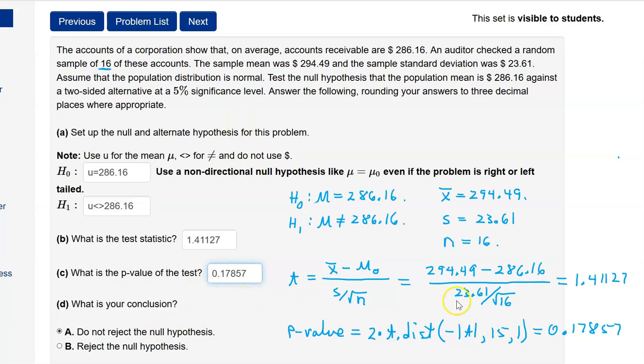Now, since our p-value right here is larger than 0.05, that is most certainly bigger than or equal to 0.05, we fail to reject H0.